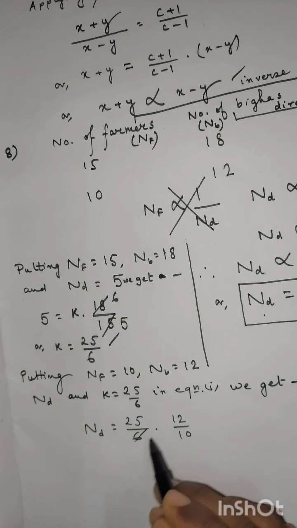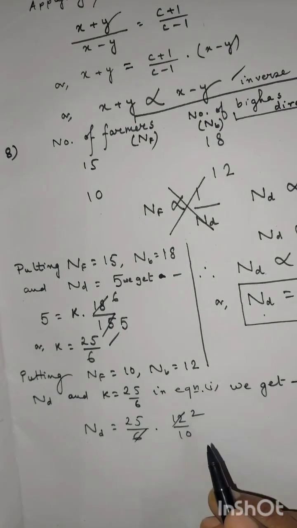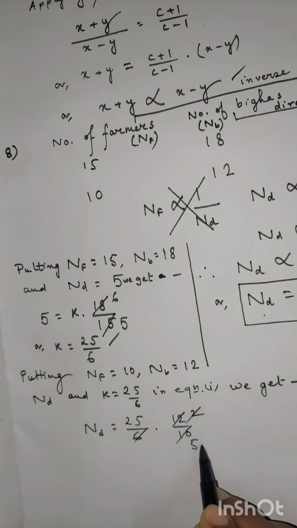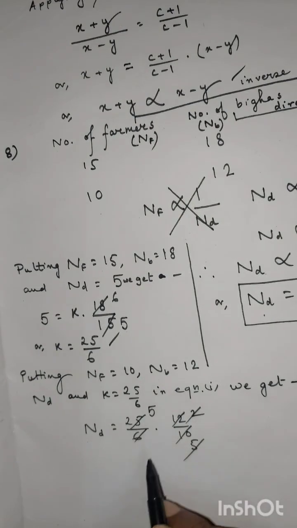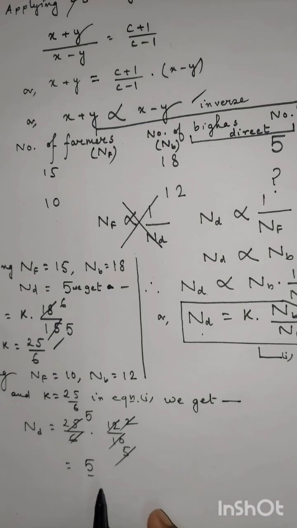And if we simplify this, we get the number of days equal to 5, our required answer.